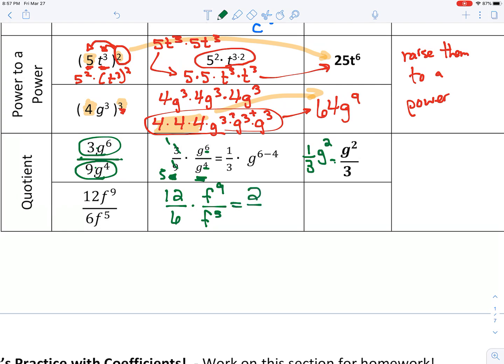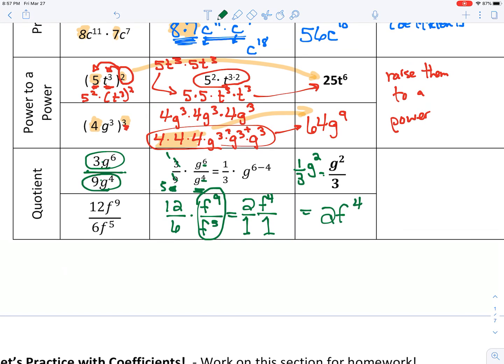And I'm just going to write it as 2 over 1, because I know that there's probably still going to be a fraction, and I just want to keep things tidy and not forget that this is a fraction, and the other part may have a denominator. f to the 9th over f to the 5th, that is f to the 9 minus 5, or f to the 4th. In this case, f to the 4th is over 1. My result is 2f to the 4th. Does not need a denominator of 1.